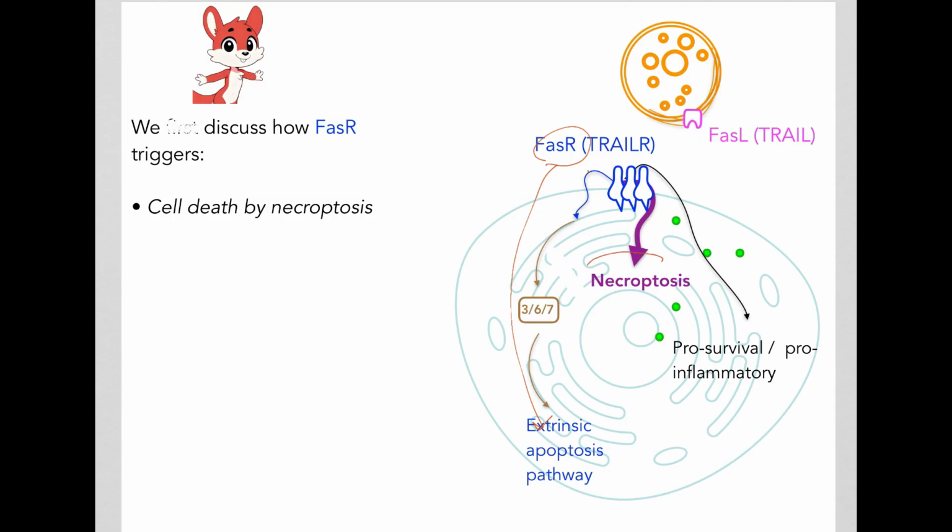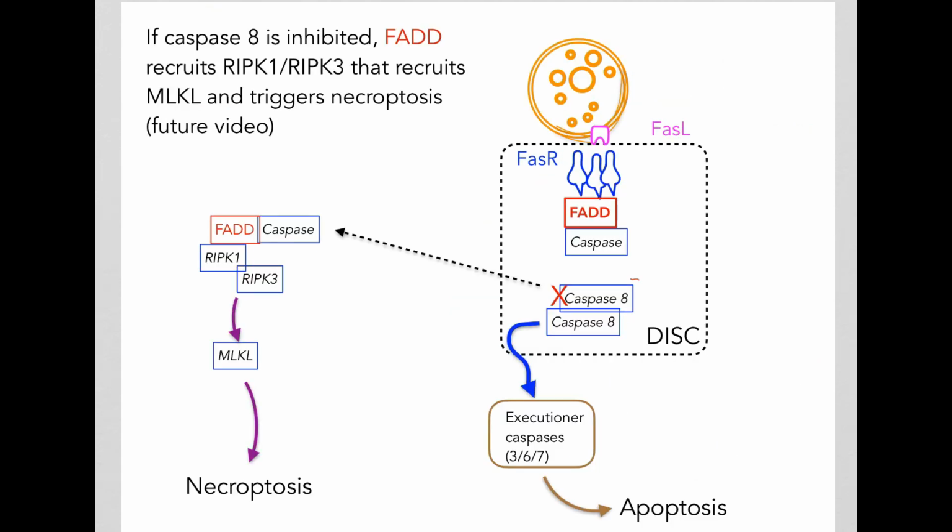Now let's look at how this necroptosis program is triggered by Fas-R. If for any reason caspase-8 is inhibited, the cell is not going to go through apoptosis. What happens now is FADD, this very important protein, will recruit another protein, RIPK1.